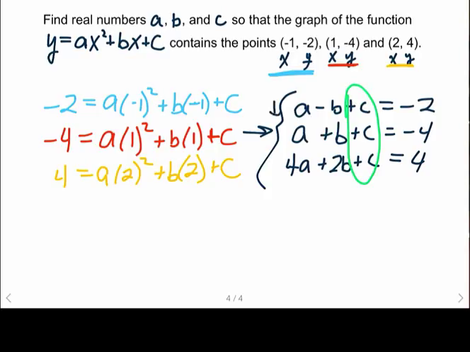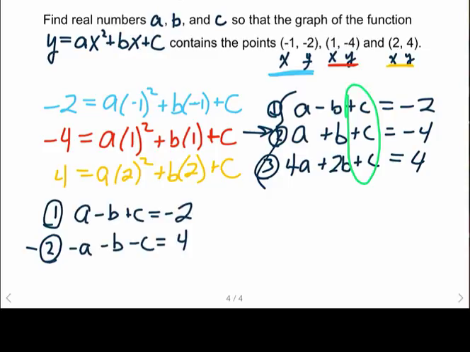Labeling my equations 1, 2, and 3, what I'm first going to do is take equation 1 and subtract from it equation 2. So I have a minus b plus c equals -2, and to that I'm going to add -a minus b minus c equals 4.